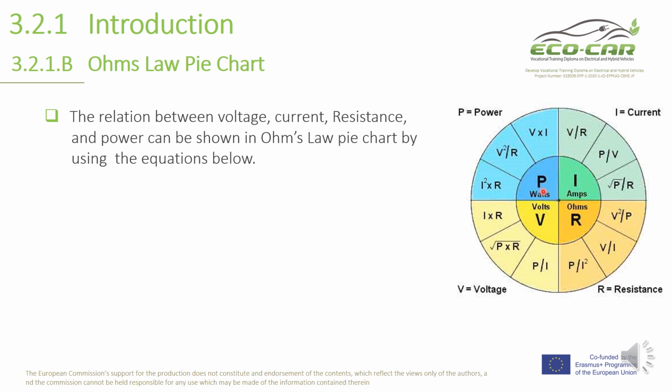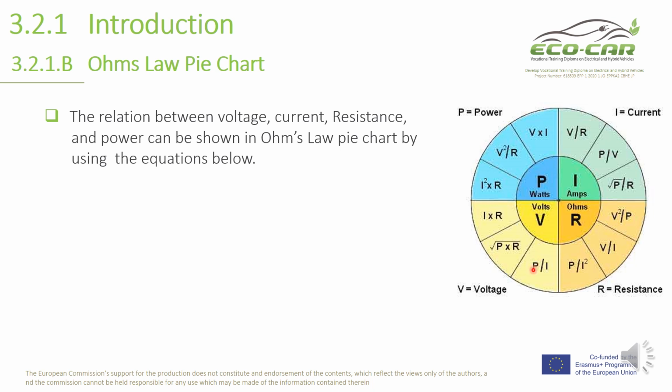So power, current, and V. This will show us how to calculate if two items here are known, so we can find the other one. For example, voltage equals I times R. If R and I are known, we can find the voltage.